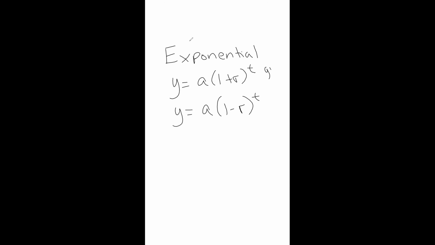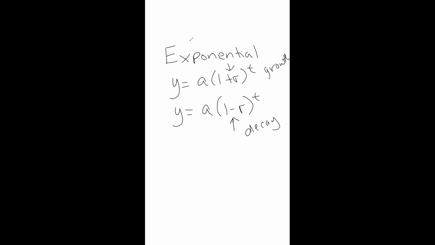So this is the growth because of this plus sign, and this is the decay because of that minus sign. So really you don't even have to solve anything. If you look at numbers 5 through 8 and you see a minus, then that's a decay. If you see a plus, then that's a growth.